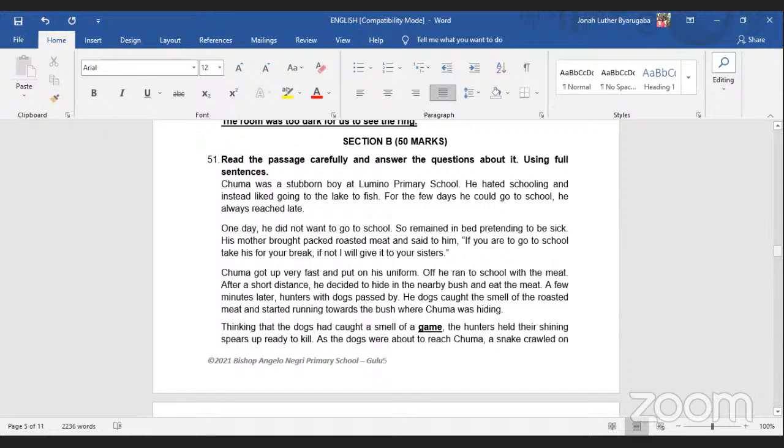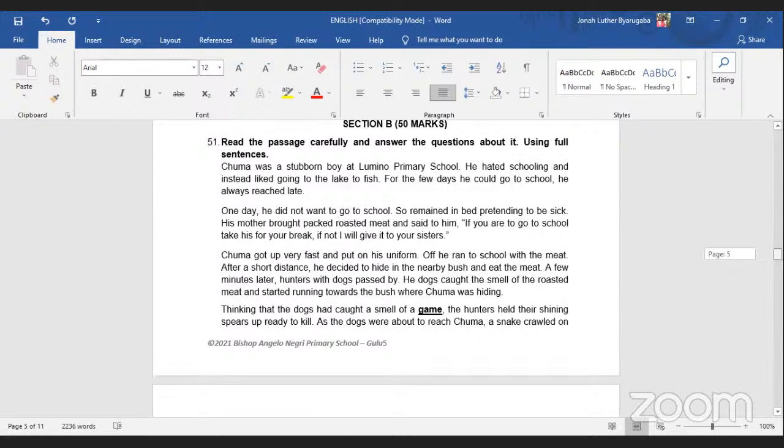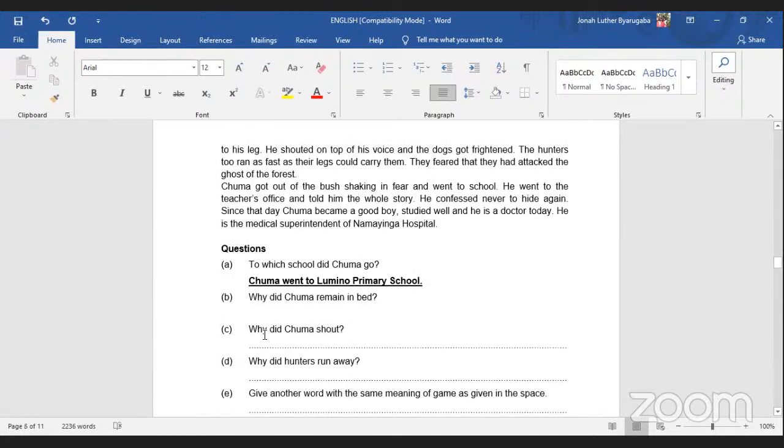Can you say that again? I don't know that the teacher heard very well. The teacher also did not hear very well, so you are going to repeat. Chuma remained in bed because he hated schooling and instead liked going to the lake to fish. You are breaking. Teacher, let me type.